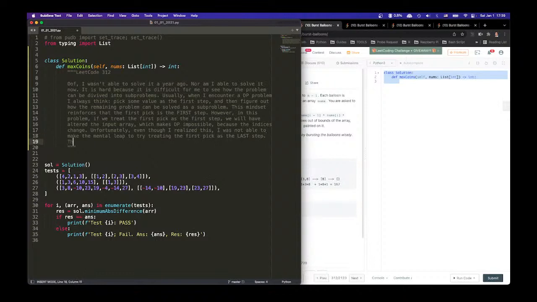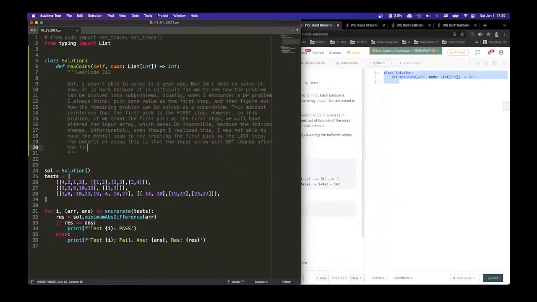The benefit of doing this is that the input array will not change after the first pick.